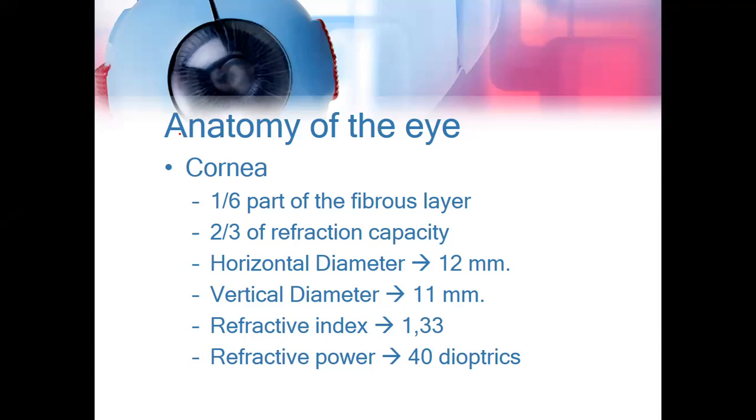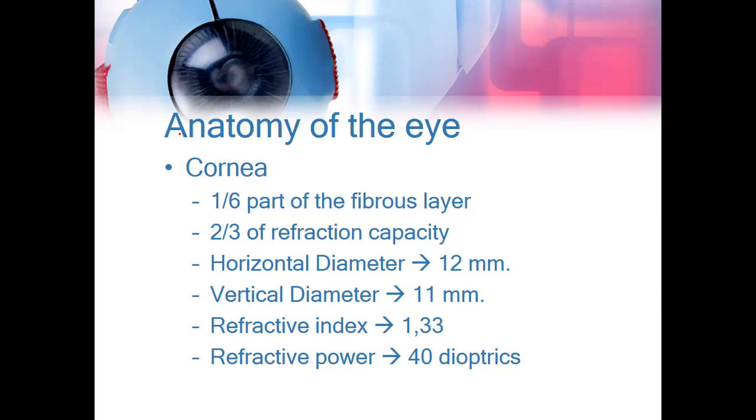This structure has a round shape, which is almost perfect. However, its horizontal diameter is around 12 millimeters, and it is a little greater than the vertical diameter. And here, of course, we're talking about the average grown-up, okay?